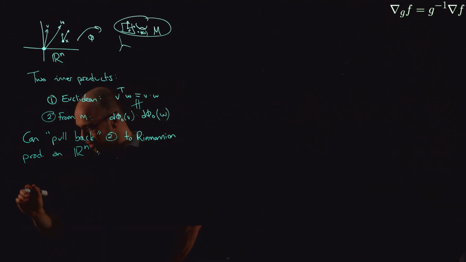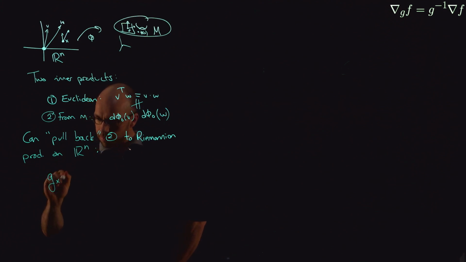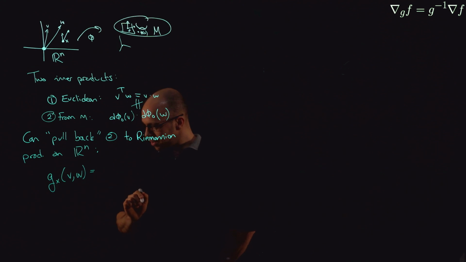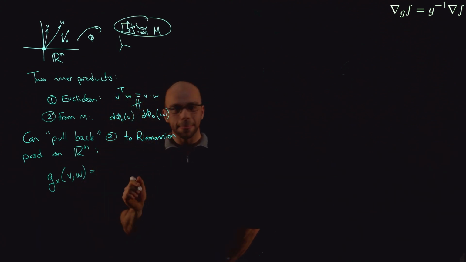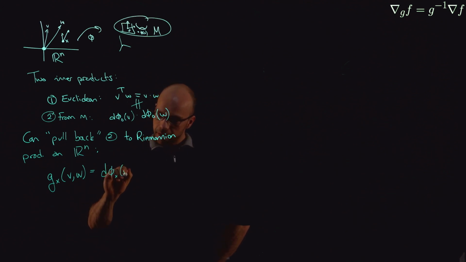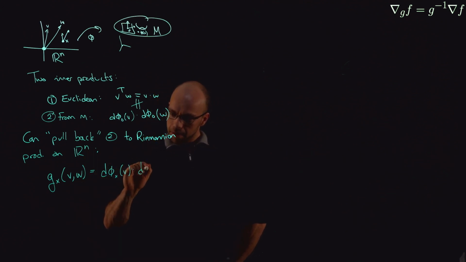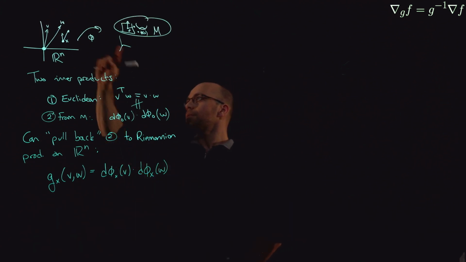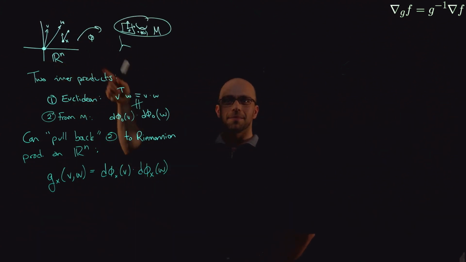I can say, okay, well, g_x at v comma w, what I'm going to do is map them through phi and then take their inner product, right? So I have d phi at x of v dot product d phi at x of w. So notice that this inner product changes as a function of where you are.